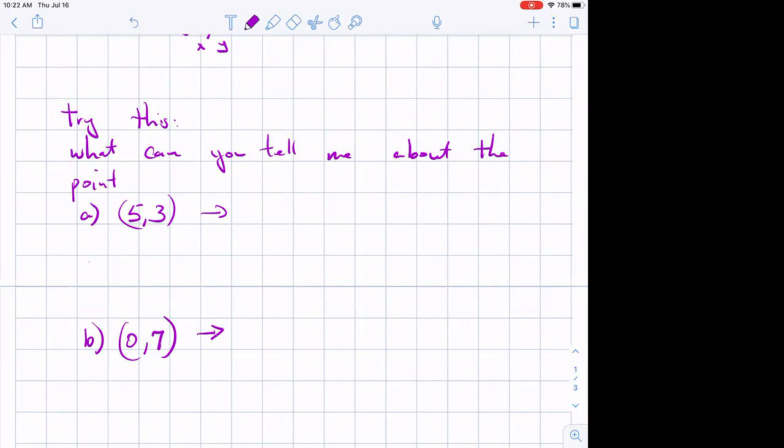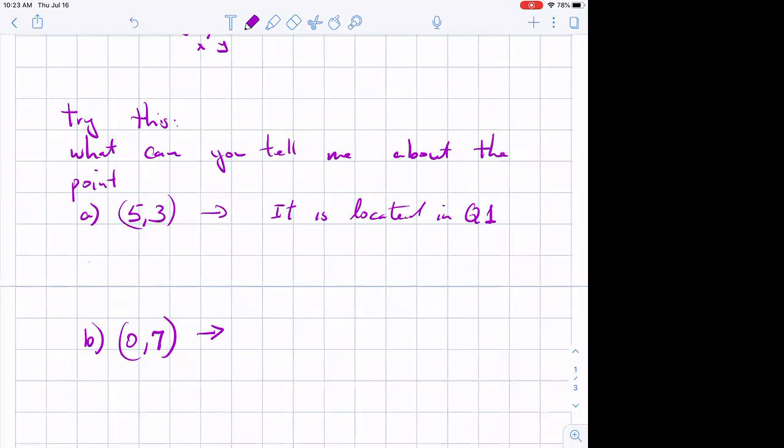It's in quadrant 1. Okay, can you say your name for me when you talk? So at least I know who I am talking to. This is Sharna. Sharna, good. So 5, 3 is in? Quadrant 1. Good, very good. It is located in Q1, we write Quadrant 1.